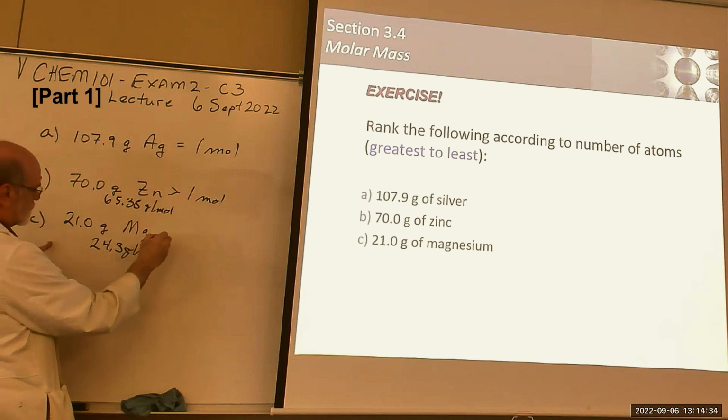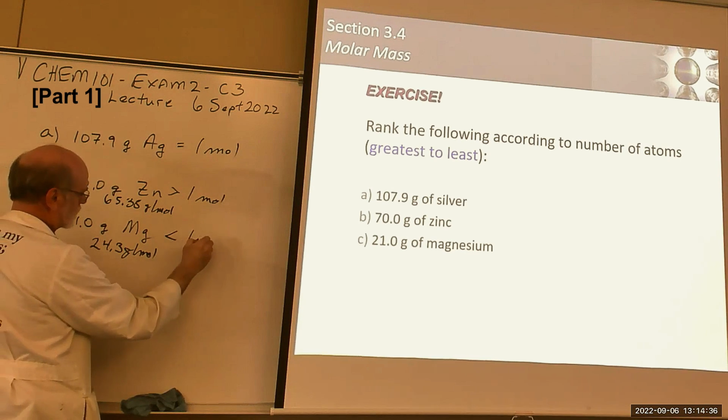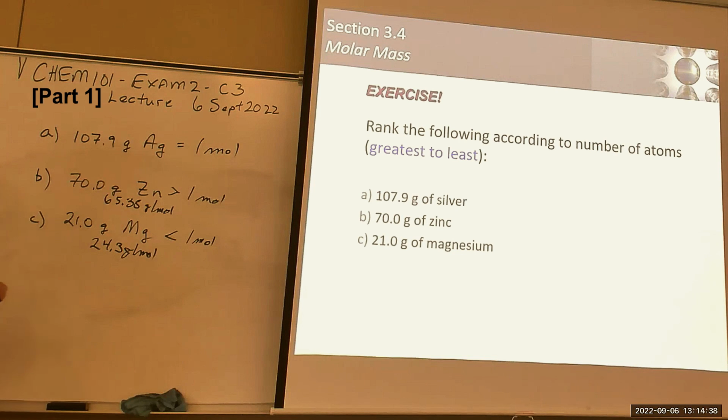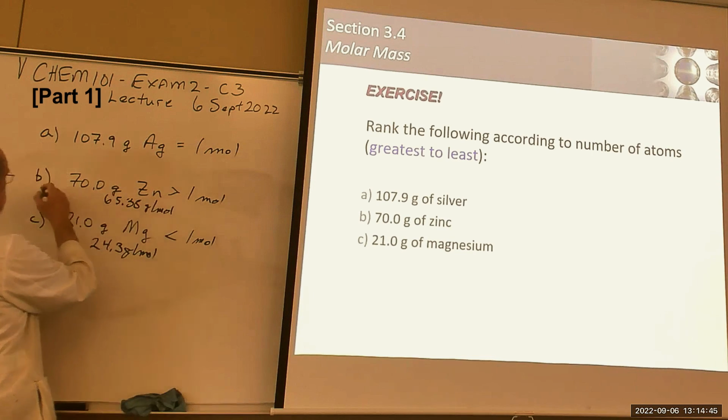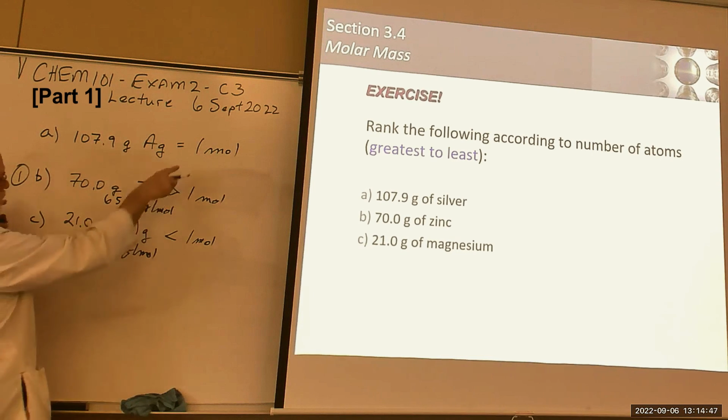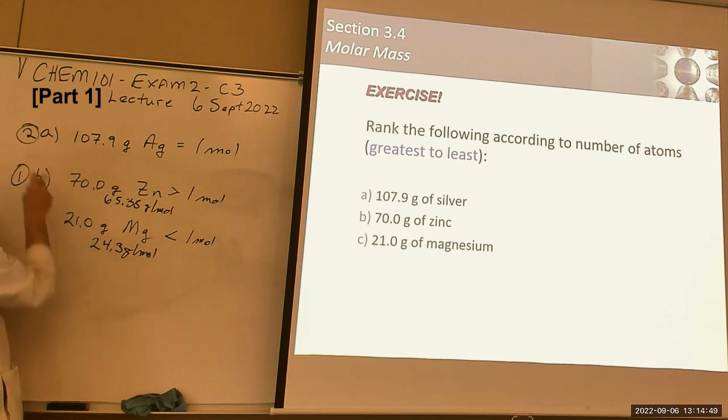So how many moles is that? It's less than a mole. So we can put them in order from greatest to least. This one's greater than a mole, so this one's number 1. This one's equal to a mole. And this one's less than a mole. Greatest to least, right?